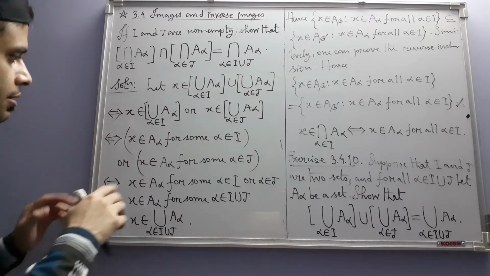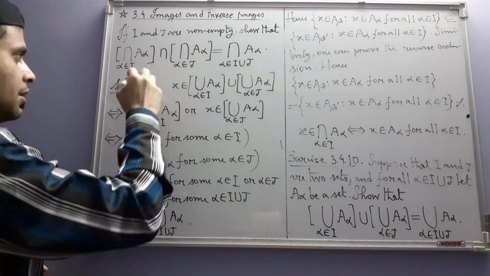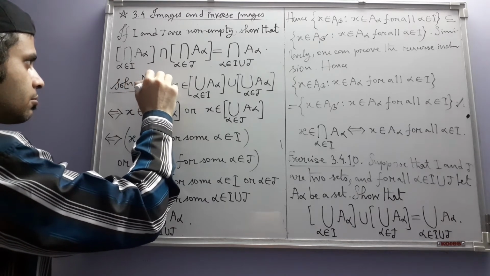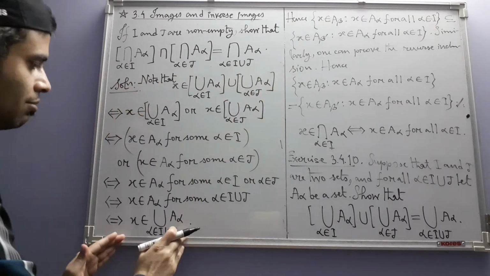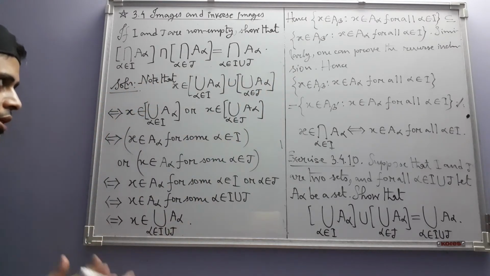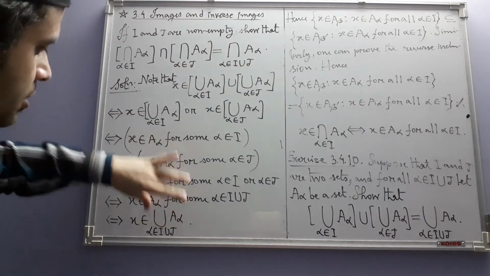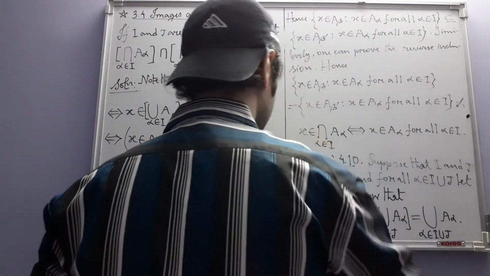So we can see that the steps also work in the other direction. And if we write the argument like this, then we cannot write let. We will write note that this statement is equivalent to this statement. So here we have not only proved that this is a subset of this, but this is also a subset of this. So we can conclude like this.